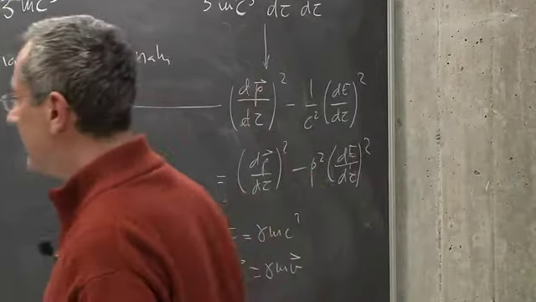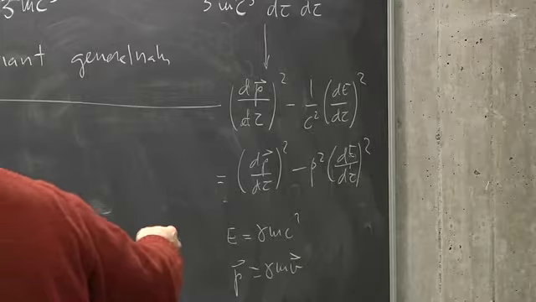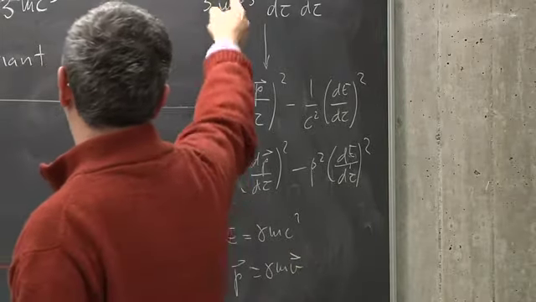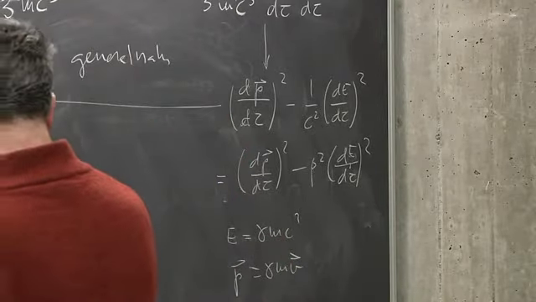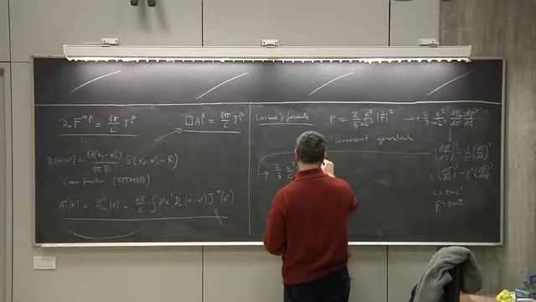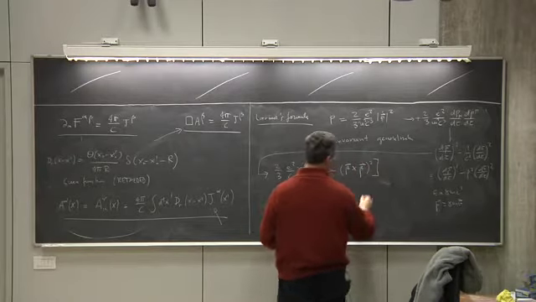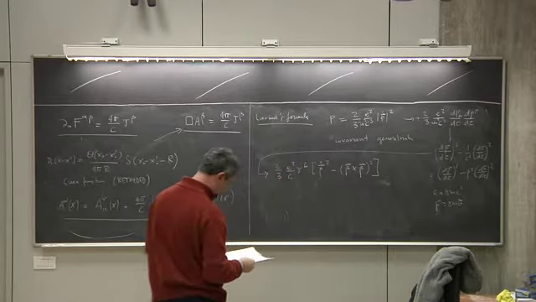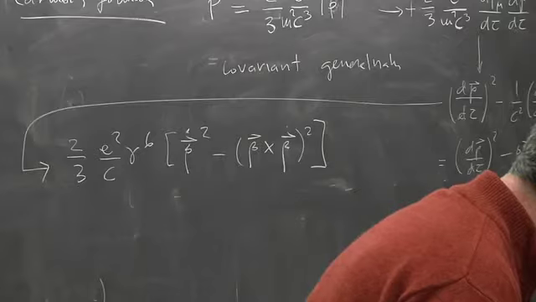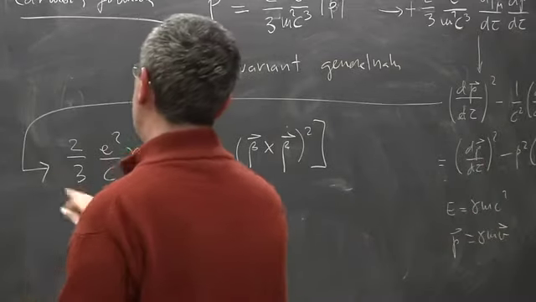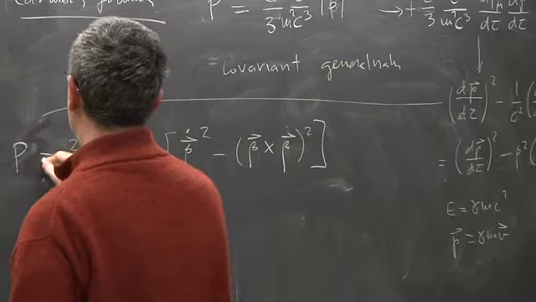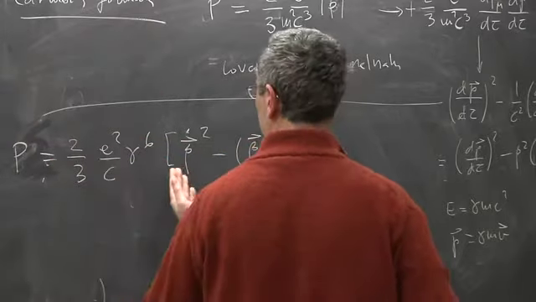So if you replace there, you collect a bunch of gammas from there and there, and the final result is this one. So let me just write the final result. This is the power emitted by an electron moving with arbitrary velocity.